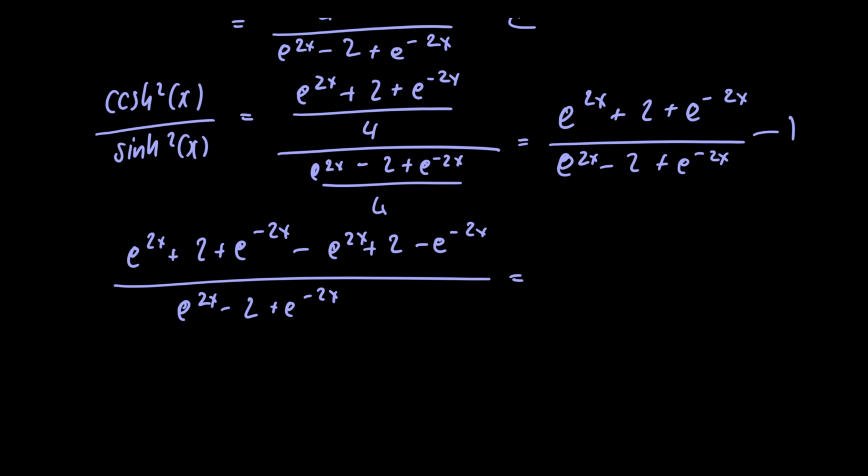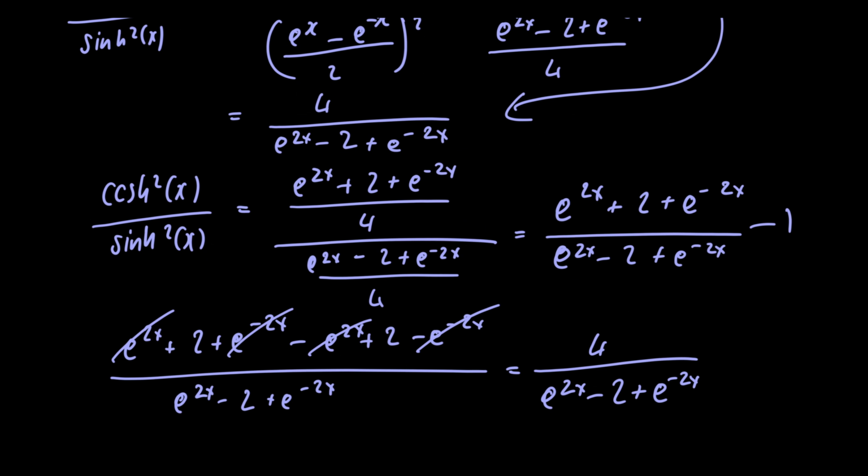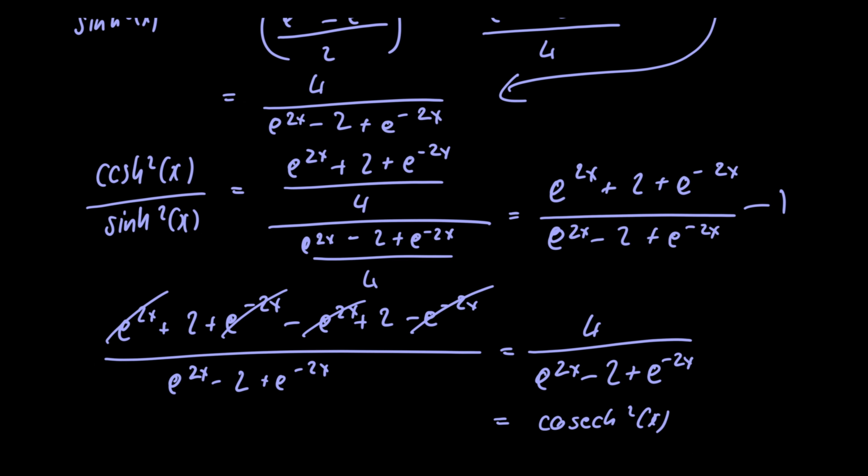We can go ahead and simplify the numerator. e^(2x) minus e^(2x) gives us 0. e^(-2x) minus e^(-2x) gives us 0. And we're just left with 4 over e^(2x) - 2 + e^(-2x). And in fact, we know from before that this is equal to hyperbolic cosecant squared of x. And so that is number 3.